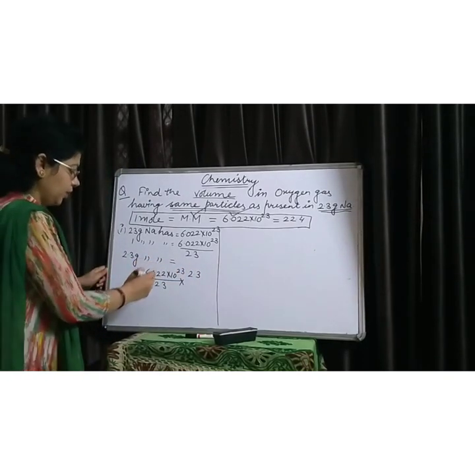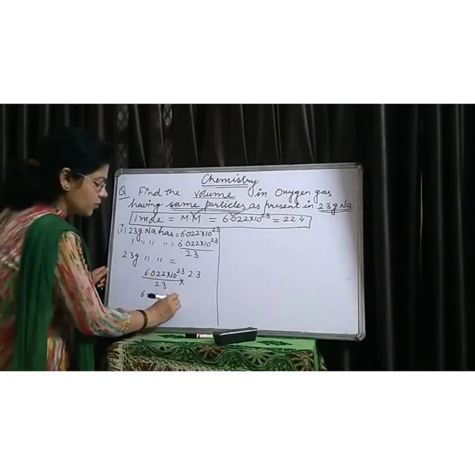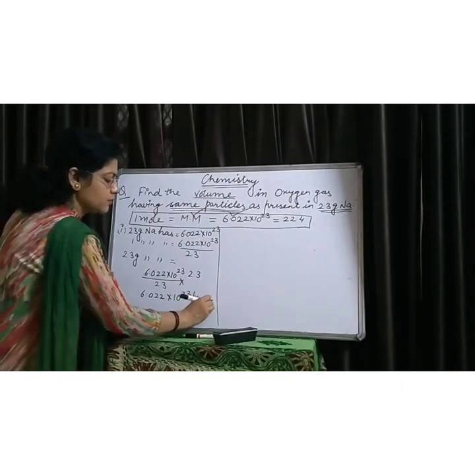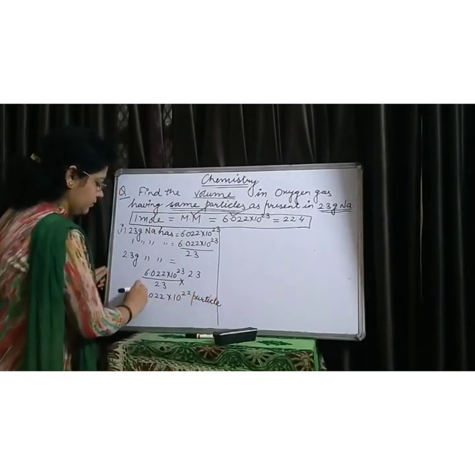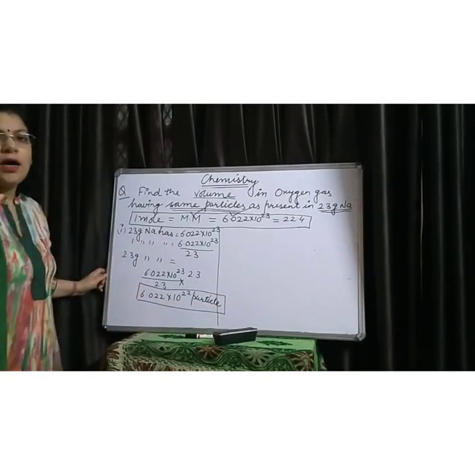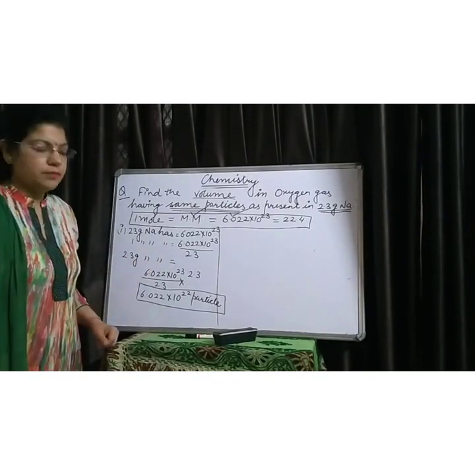It comes out to be 6.022 × 10^22 particles. These are the number of particles present in 2.3 gram of sodium.